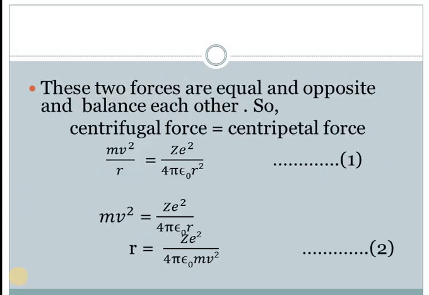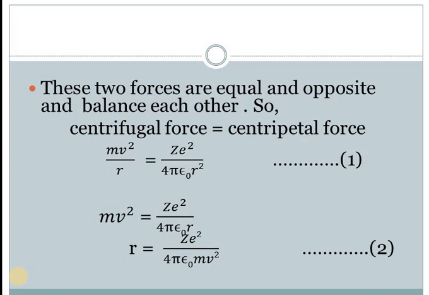If we make both of them equal to each other, as we have already said both are equal but in opposite direction, so that's why the electron is moving in its fixed orbit. So centrifugal force is equal to centripetal force or Coulomb's force, or you can say mv square by r is equal to Ze square by 4 pi epsilon naught r square.